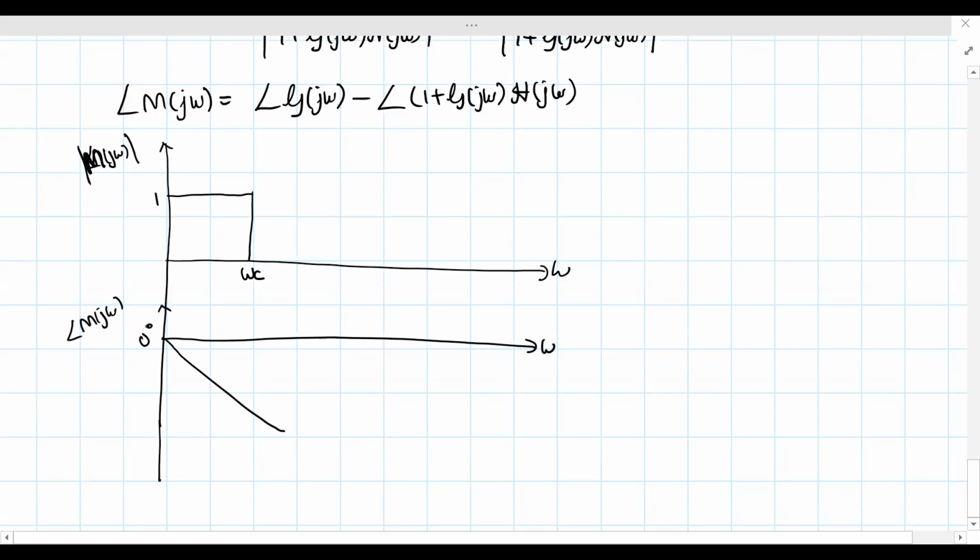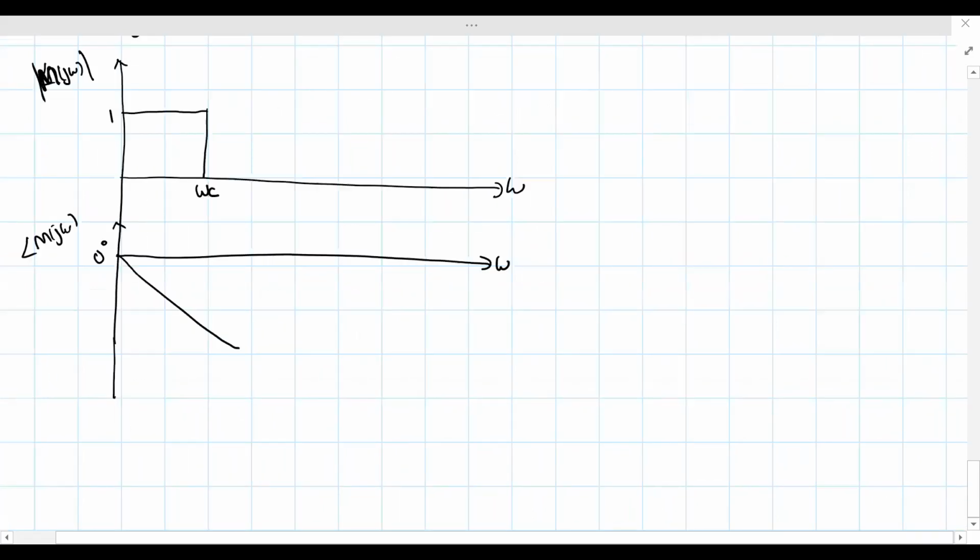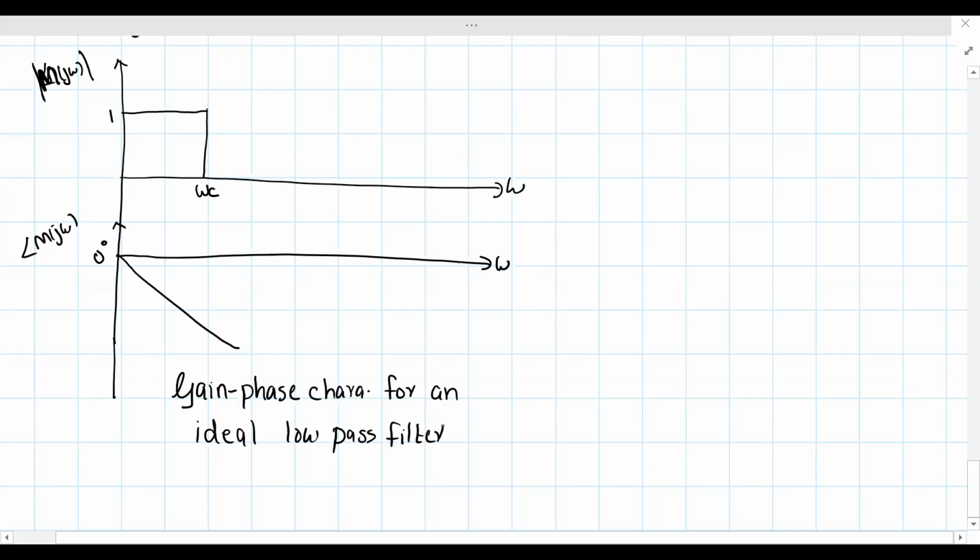So this is the gain phase characteristics for an ideal low pass filter. We prefer to have this kind of response, but it is not possible practically.